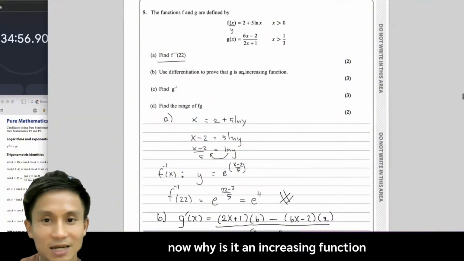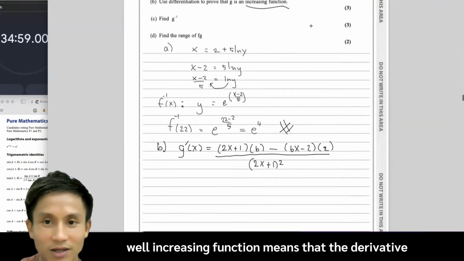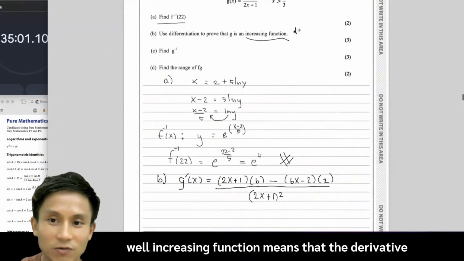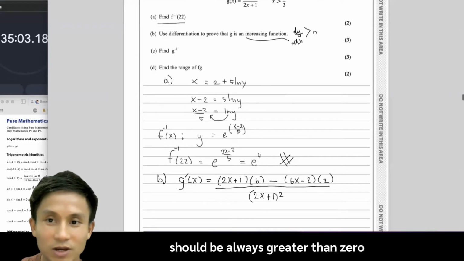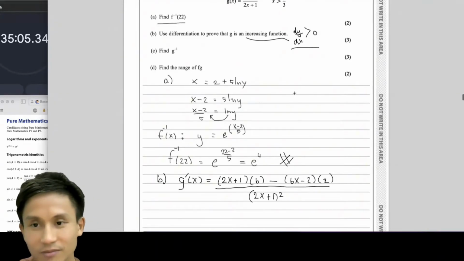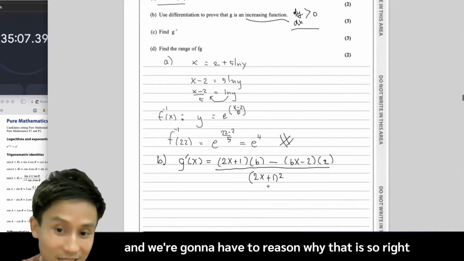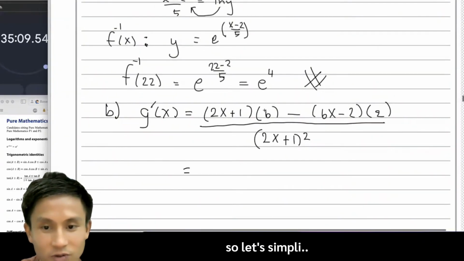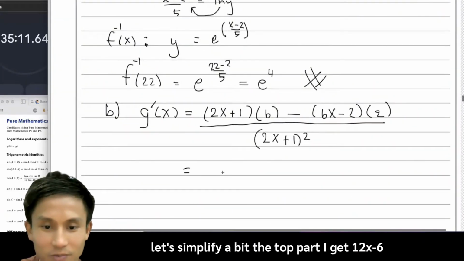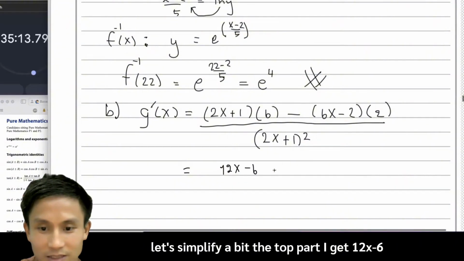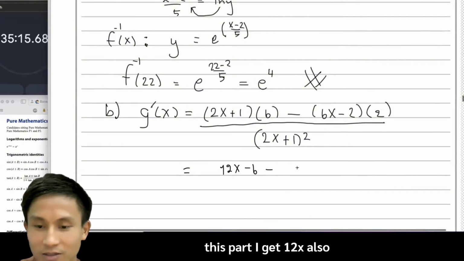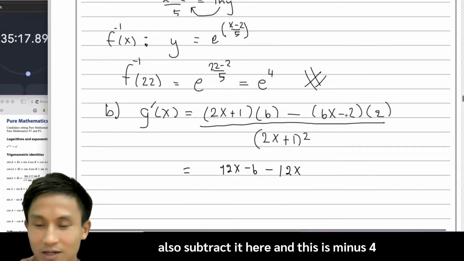Now, why is it an increasing function? Well, increasing function means that the derivative should be always greater than 0. And we're going to have to reason why that is. So let's simplify a bit. The top part, I get 12x minus 6. This part, I get 12x also. Subtract it here.